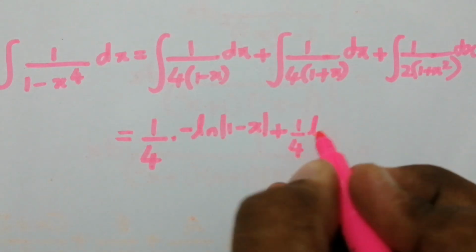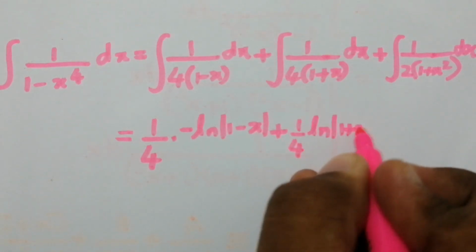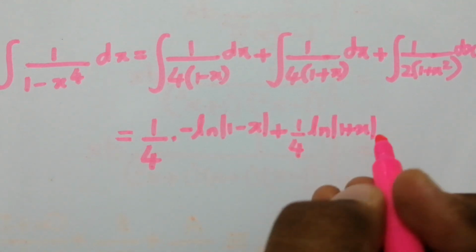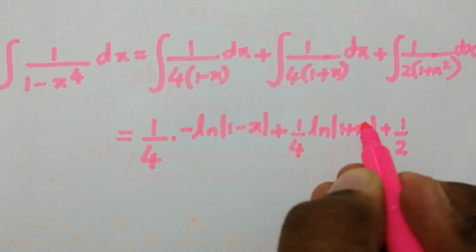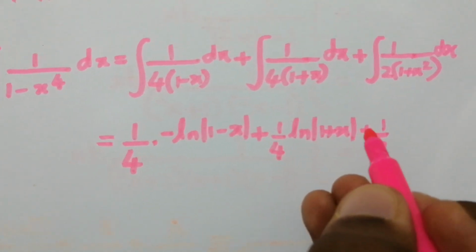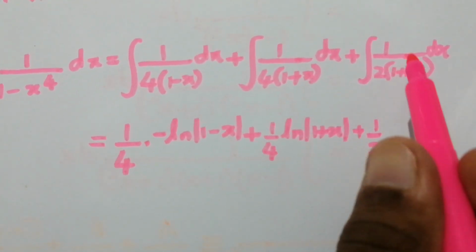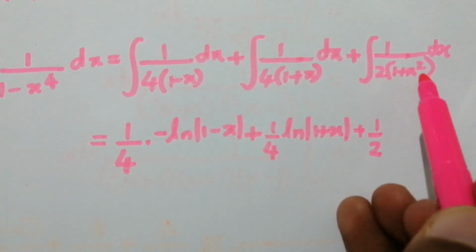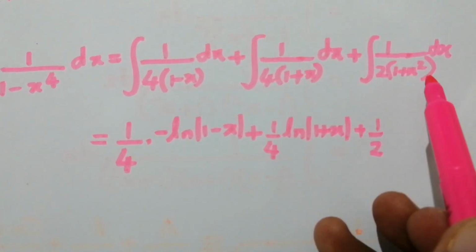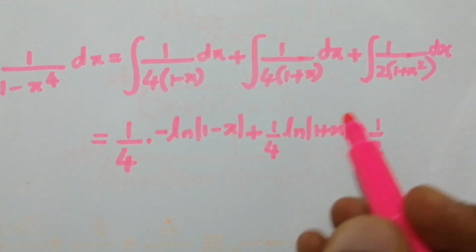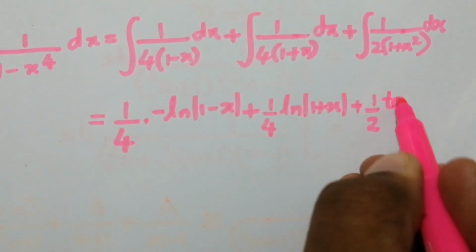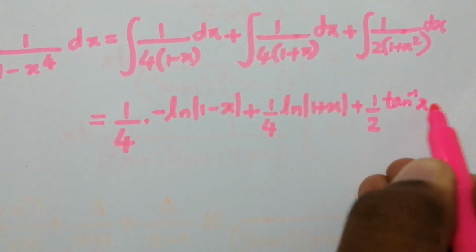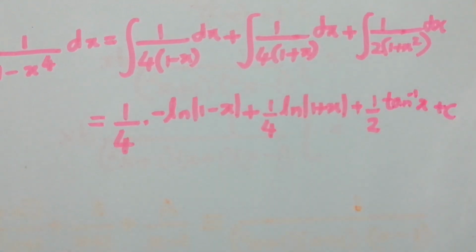Then I can write directly ln of 1 plus x. Plus, if I take half out, here it's only remaining 1 upon 1 plus x squared. It is in the form of derivative of tan inverse x. Then I can write directly tan inverse x plus c.